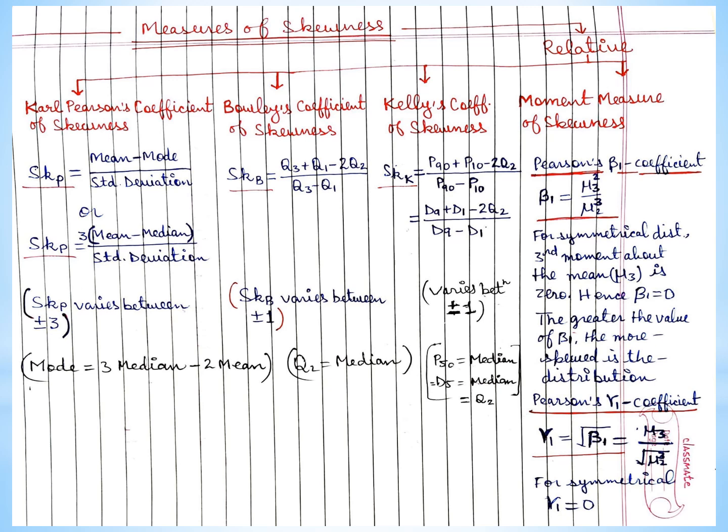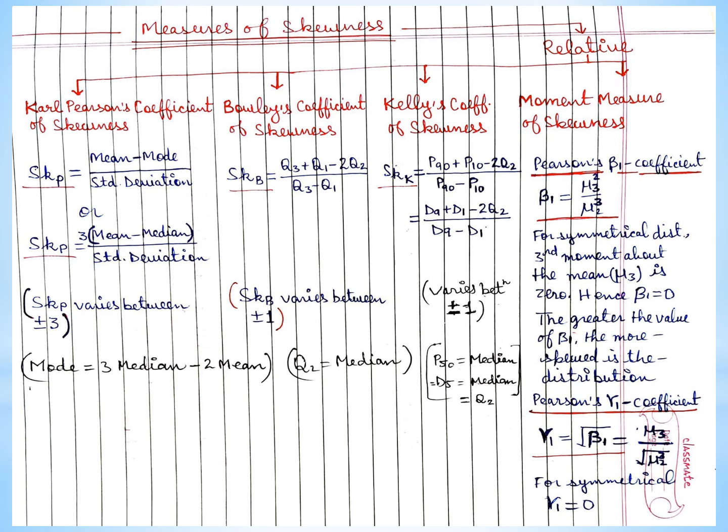Now come to Karl Pearson's coefficient of skewness. The formula for Karl Pearson's coefficient of skewness is equal to mean minus mode upon standard deviation. Or we have other formula, SKP is equal to 3 times mean minus median upon standard deviation.